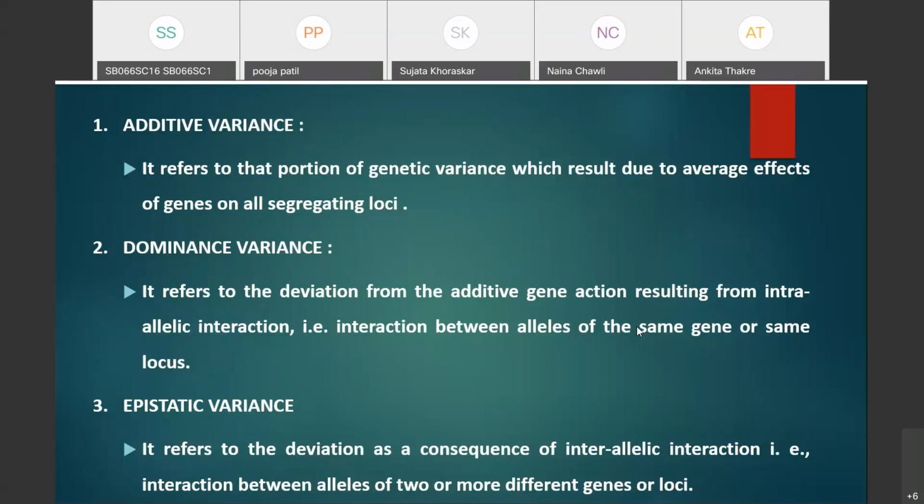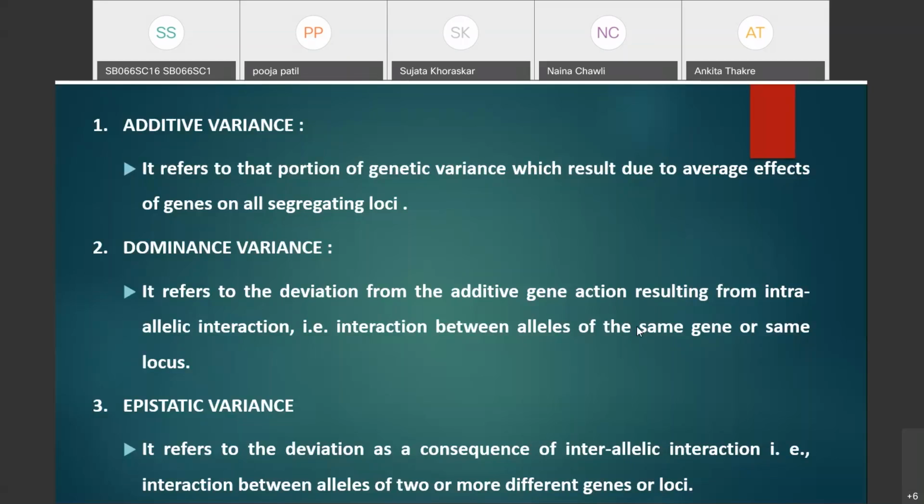And the third one is the epistatic variance. Epistatic variance refers to the deviation as a consequence of inter-allelic interaction, that is, the interaction between the alleles of two or more different genes or loci.